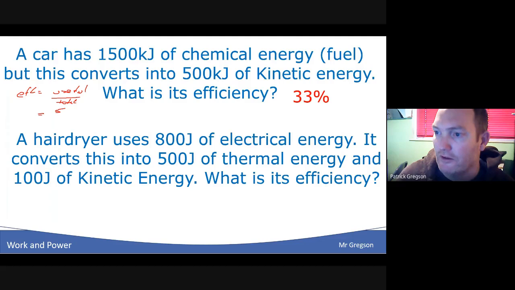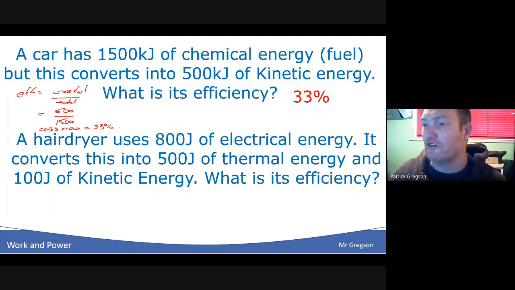So useful was 500 and total was 1,500. Now, they are in kilojoules, but it doesn't matter because they're both in kilojoules. And then we could have an answer of, well, it'd actually be 0.33. But we times it by 100 to get our percentage of 33%.